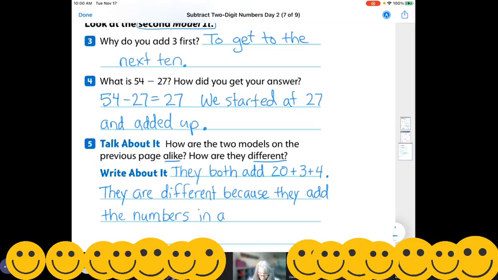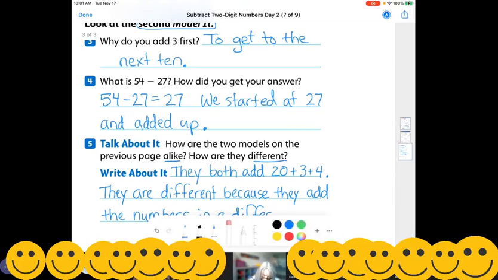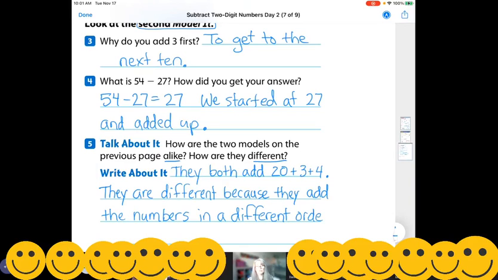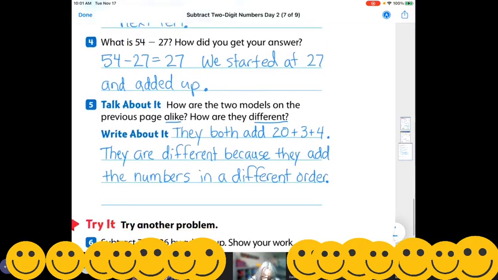And I know, whoa, I know I write way faster than you. Don't worry about it. In a different order. One of them goes to the very next 10. The other one adds 10 first.